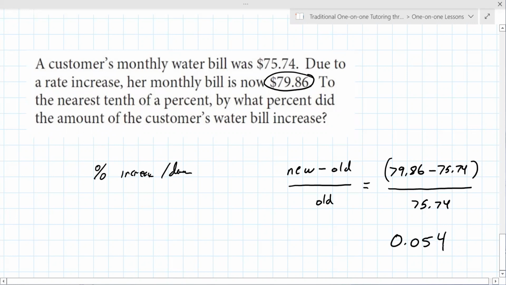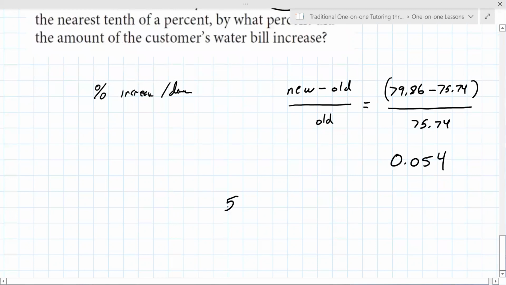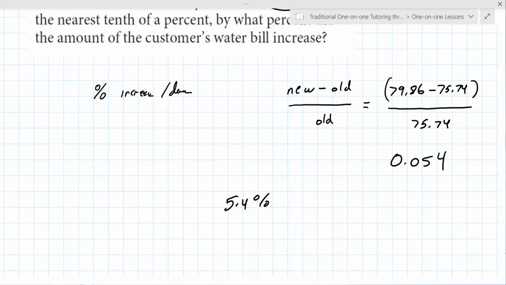How do you convert a decimal to a percent? Move the decimal over two times. Which way, right or left? Right. So what would that be as a percent? 5.4%. 5.4%. Good.